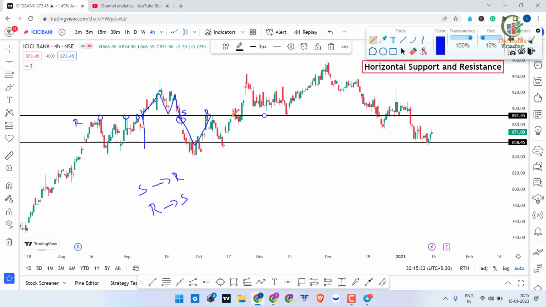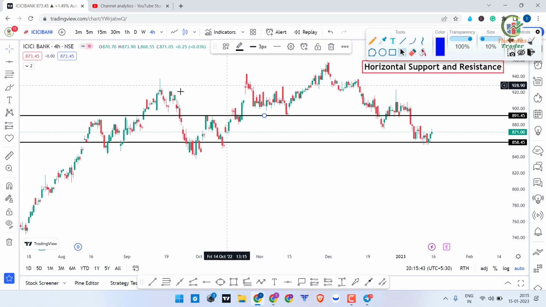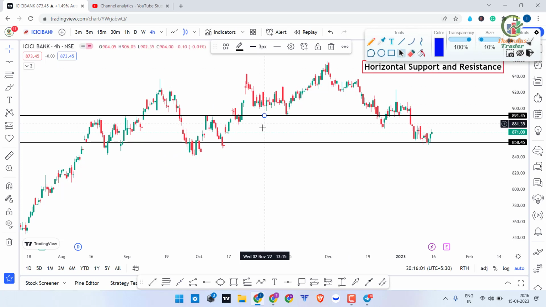This time again, when it came, it broke, retested this, and from here you can clearly see. Just see this chart. At these levels it acted as a resistance. Note that this is also resistance, but here it acted as a support, multiple times. This is one thing you have to remember.